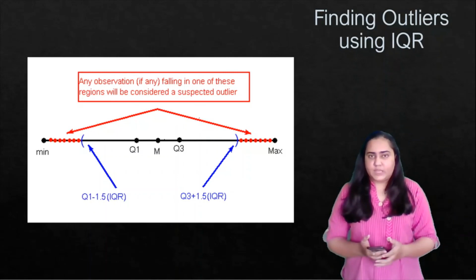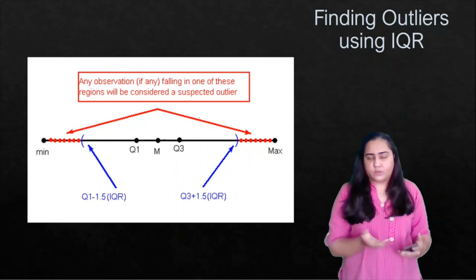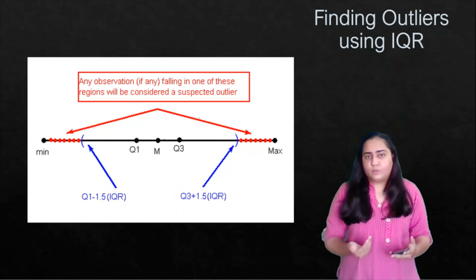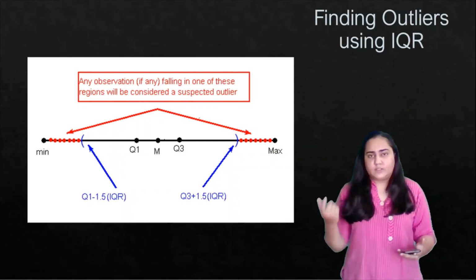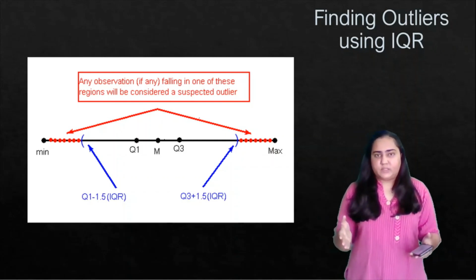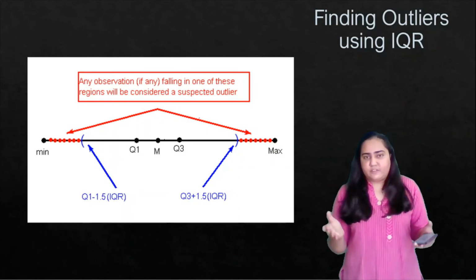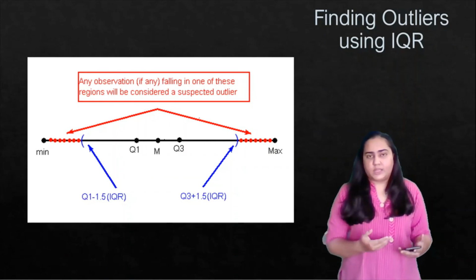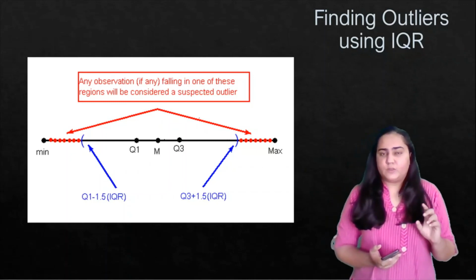Whatever space we get, which you can see in this diagram as the blue space before Q1 on the left of Q1, and the space that you will get by adding 1.5 times the interquartile range to Q3, that space together will form your area, which is sort of a safe zone. Anything that falls beyond that area, you can term as an outlier. So that is how you can find outliers by using the interquartile range.